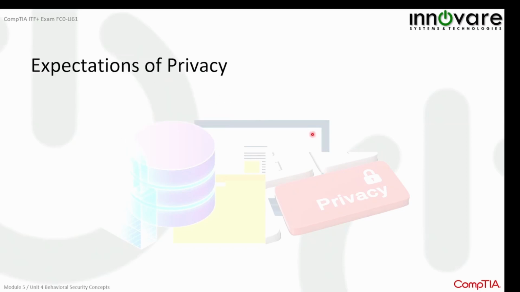So what is expected on privacy? When we say expectation of privacy, it should be addressed, recognized, and made known. So when there are privacy issues, especially with social networking, it involves people who are very private, or who are not happy being on social media.